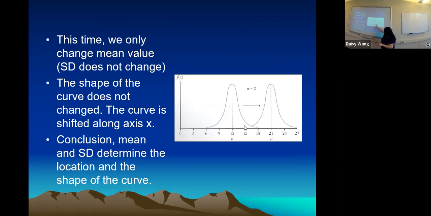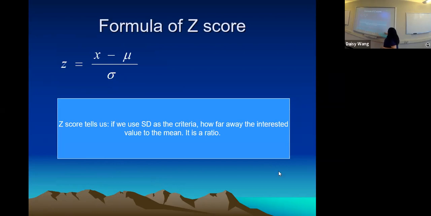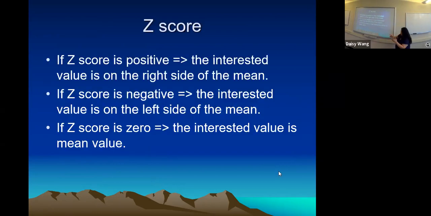So it's here. But if it's negative, if it's 9 minus 12, that is negative 3. Negative 3 divided by 2 is negative 1.5. So it will be here, on the negative left side. But if it's 0, that means it's the same as the mean. Okay, does it make sense?